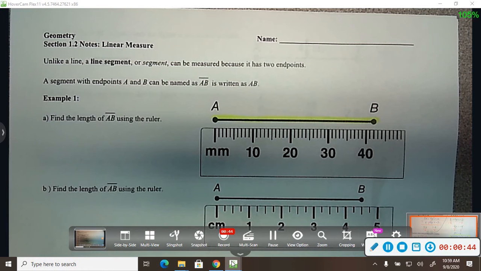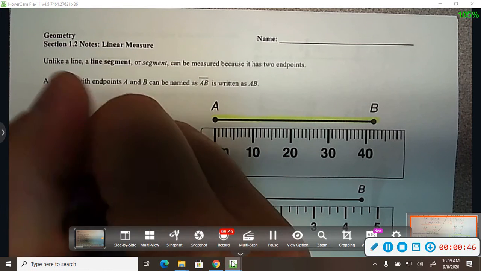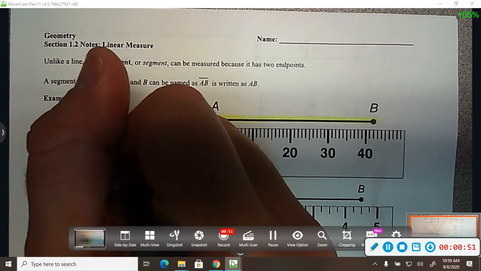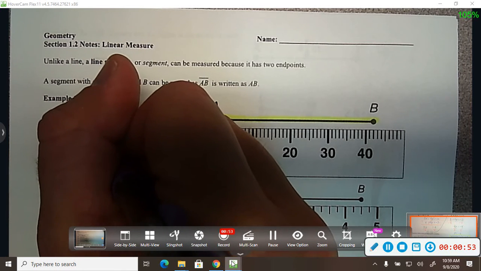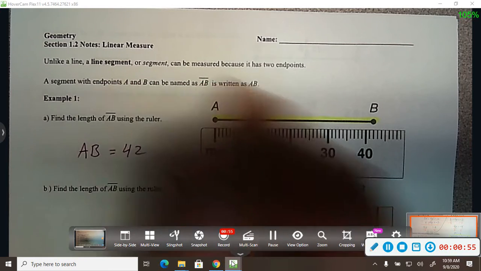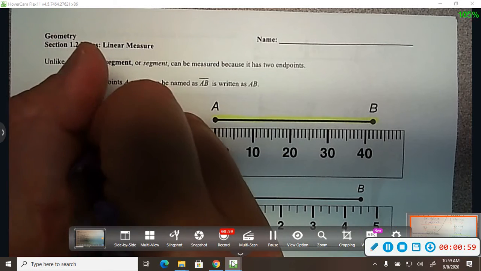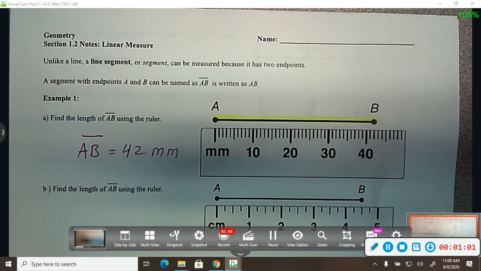So you would say AB equals 42 millimeters. Pretty easy.